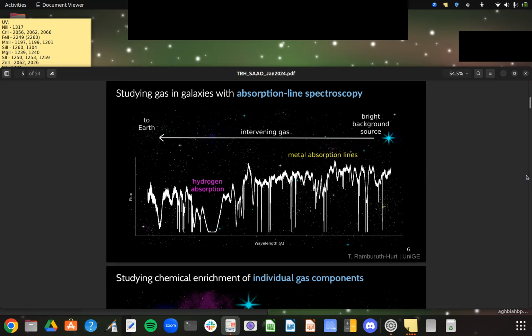And the metals in the gas absorb at certain signature frequencies or wavelengths. From this information, we can know very well the metals that are in the gas, as well as how much metal is in the gas. So this is a very powerful method that we can use to determine the chemical composition, the metal content of the gas that we are probing.